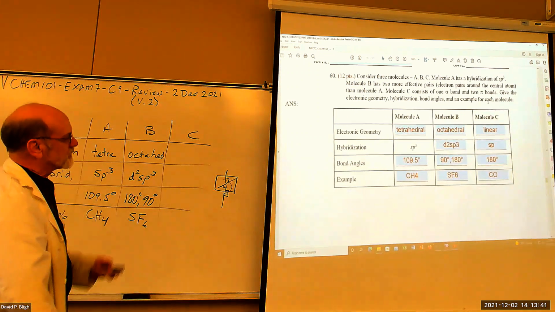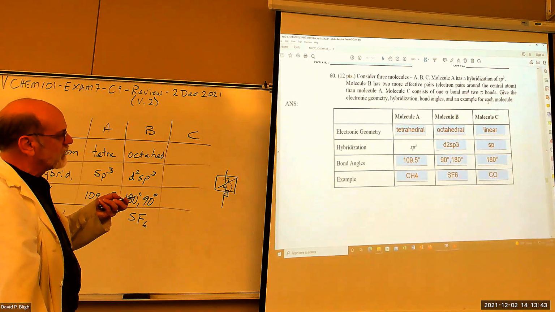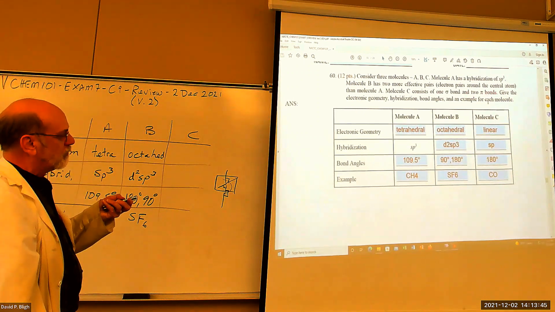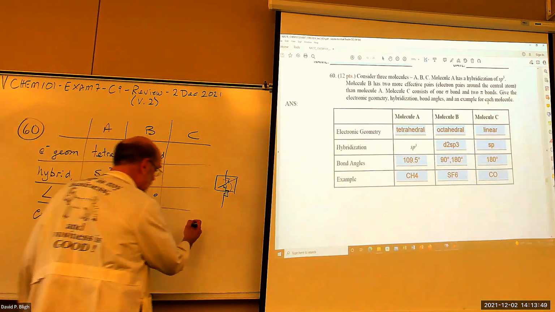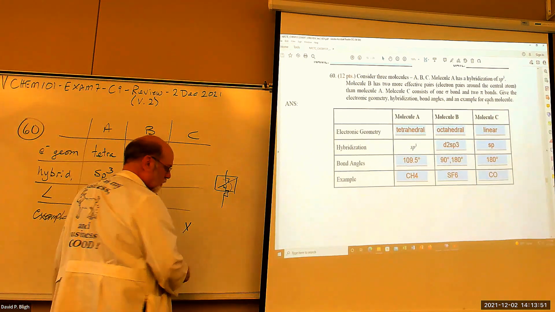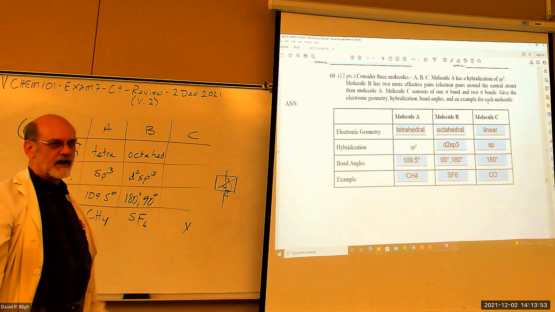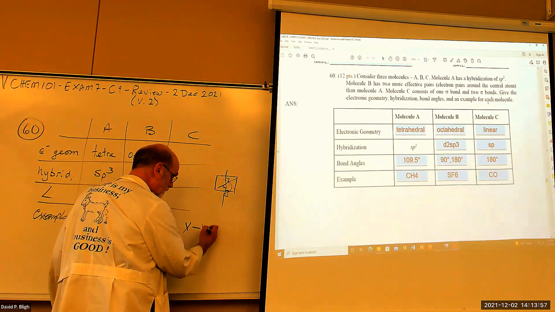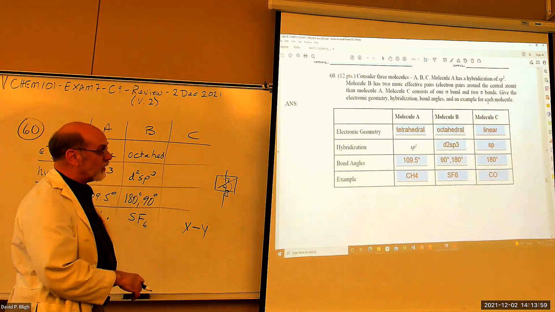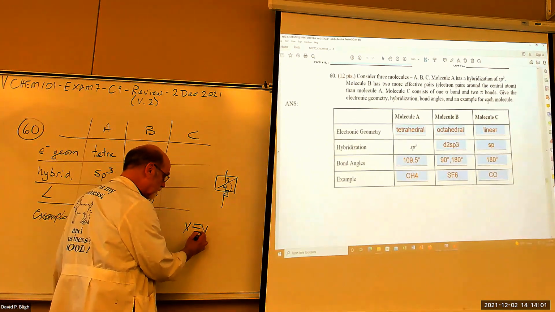Let's see. C consists of one sigma and two pi bonds. Okay, the key here is, when can you have pi bonds? Only when you have sigmas. So if you've only got one sigma, then the other two pi's have to go here.